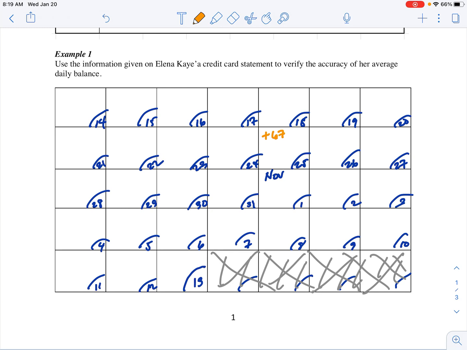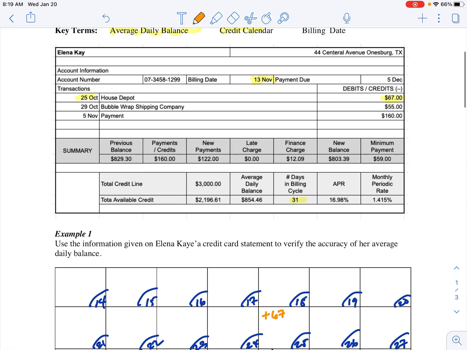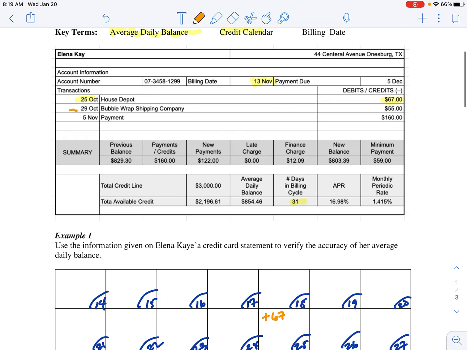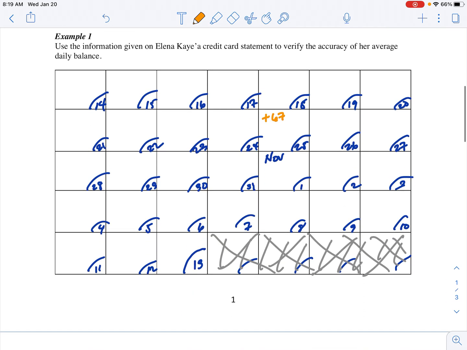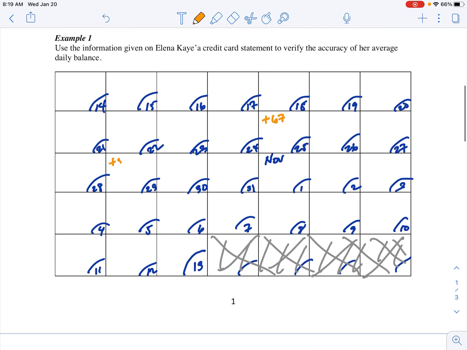Okay, and then on October 29th, we had a $55 charge. So plus 55. And then we had a payment on November 5th.